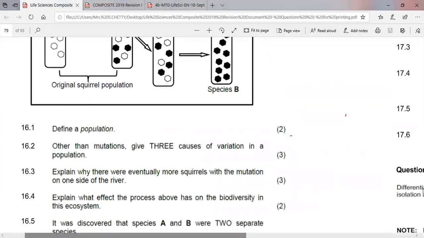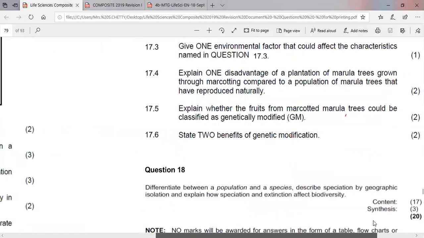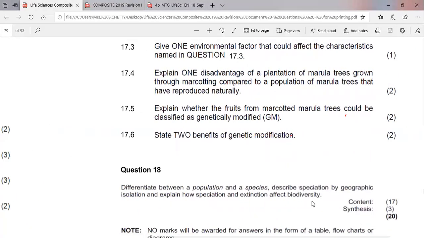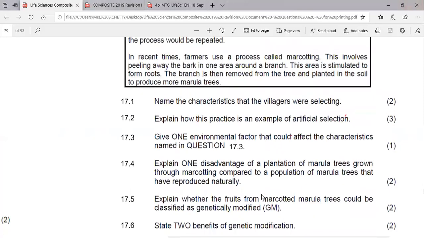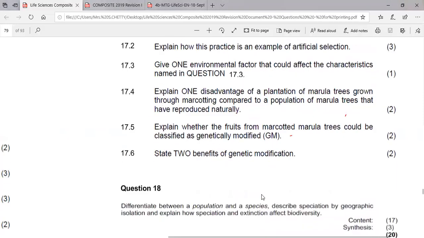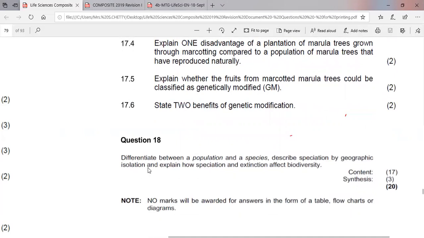I just want you to look at this essay. And come back to that one. Differentiate between a population and species. Of course, if you know the mnemonic SHIT and SIVF, you got this in the bag. Describe speciation by geographic isolation.